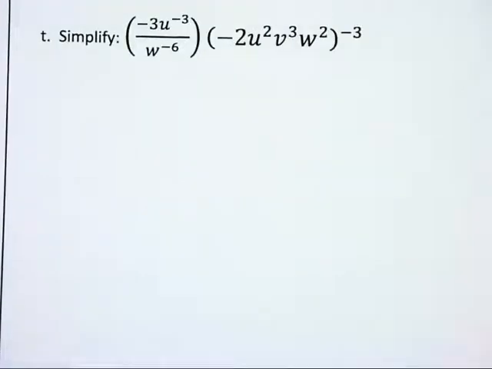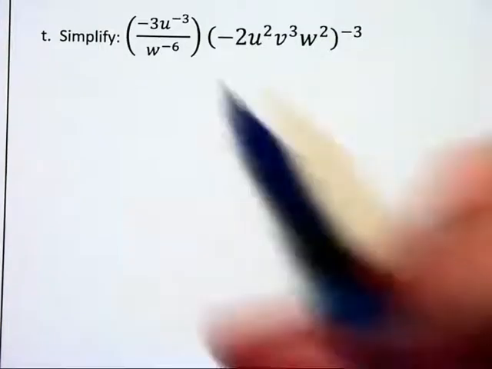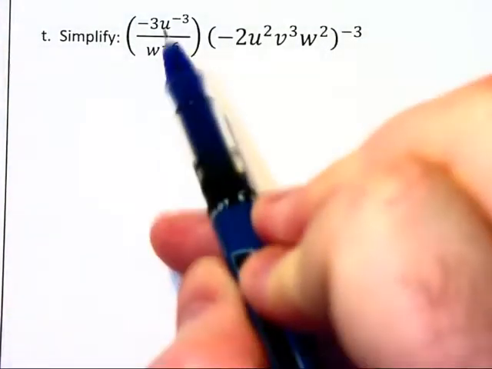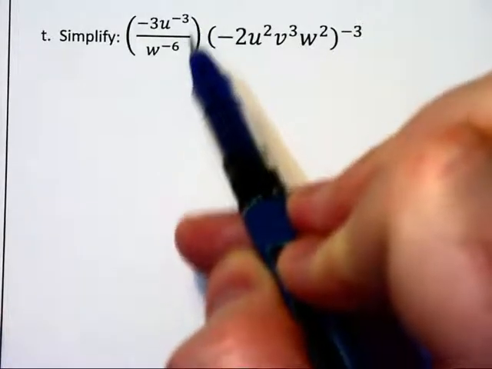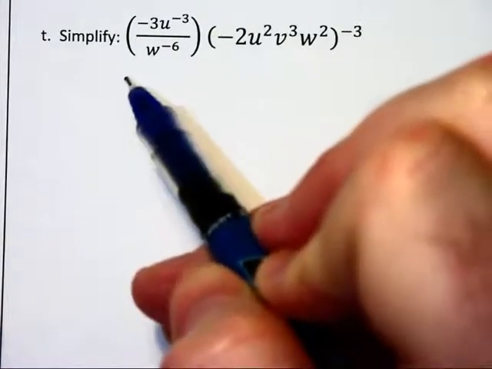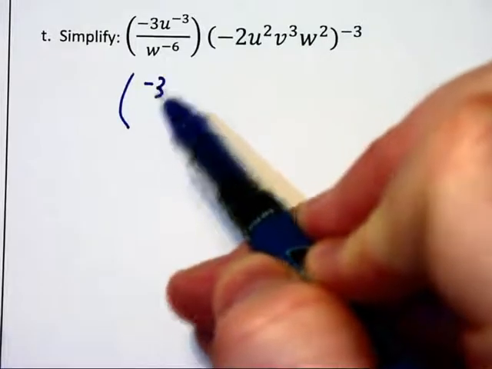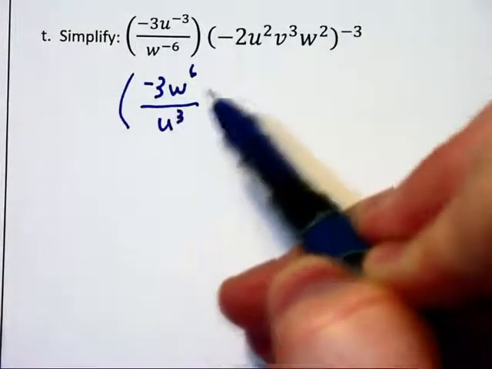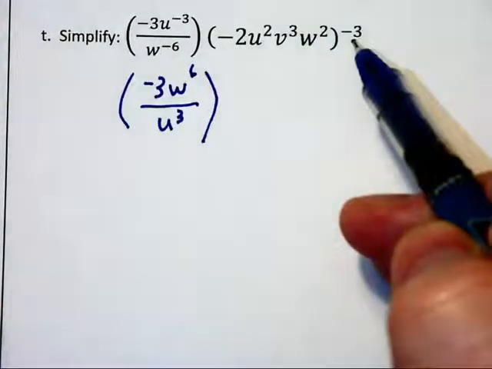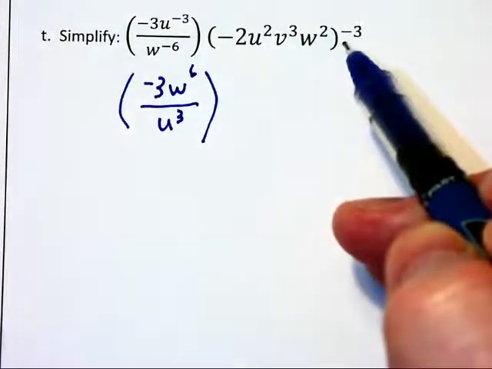For this last simplify problem, let's clean up inside each parentheses. In this first one, I can move some u's and w's from numerator to denominator. So the first parentheses will be negative 3w to the 6th over u to the positive third. For this second parentheses, I'm only going to apply the negative.